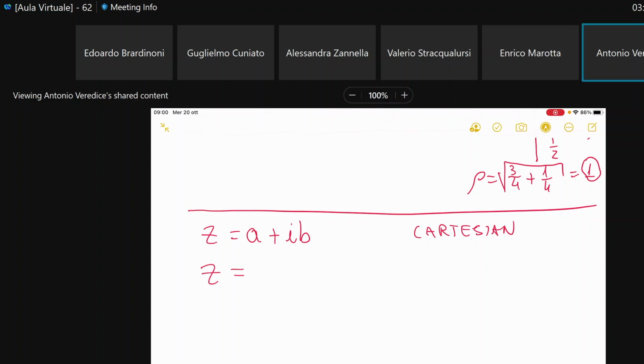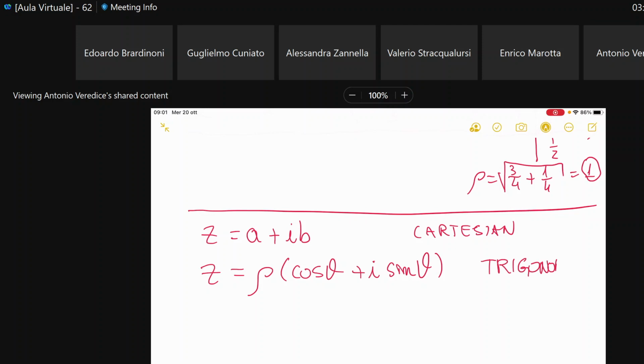The next step was the trigonometric representation, rho times cosine of theta plus i sine of theta, the polar or trigonometric representation. And the last one that we are going to see now is the exponential representation.